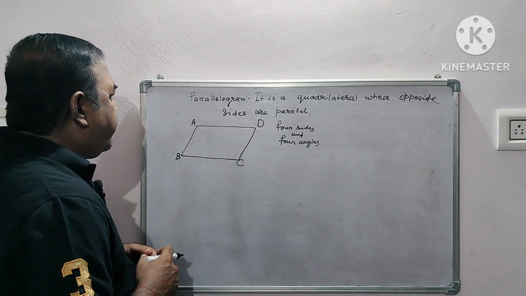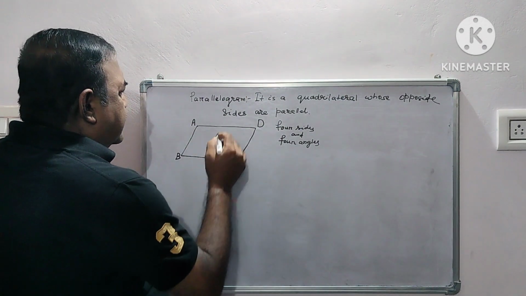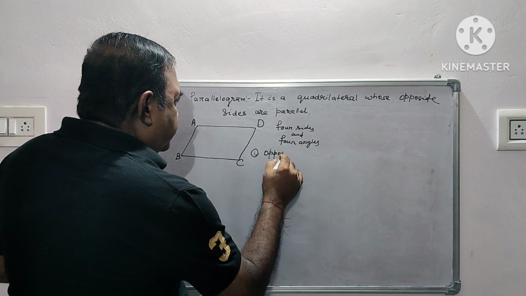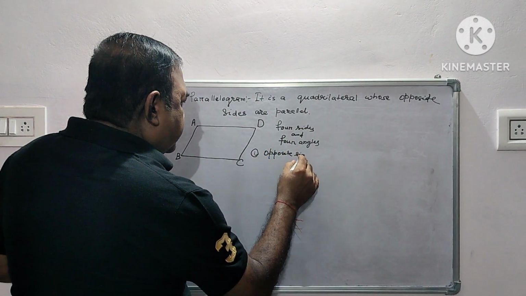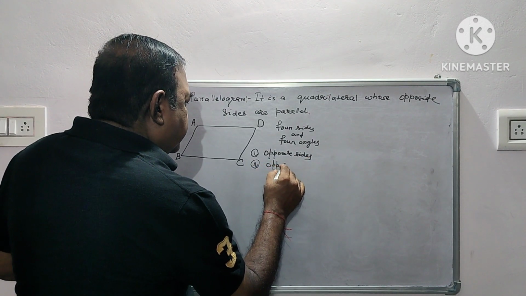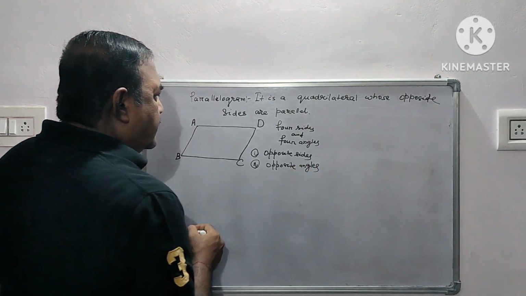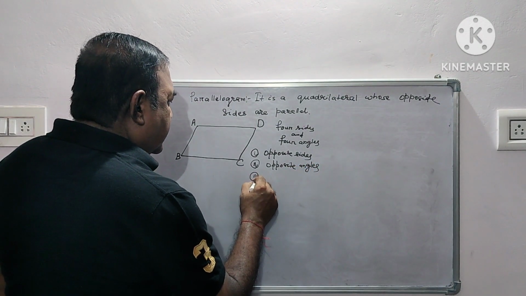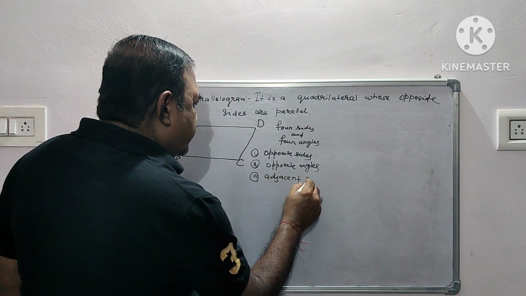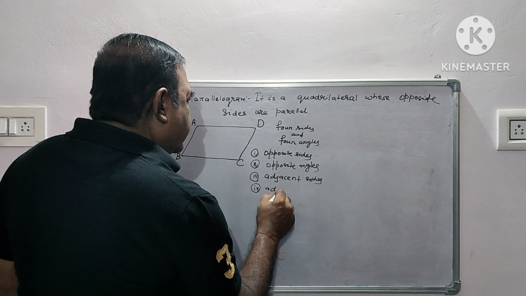And you see, 4 sides, opposite sides, opposite angles, adjacent sides, and adjacent angles.